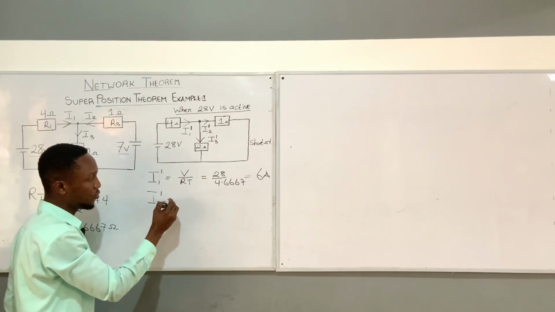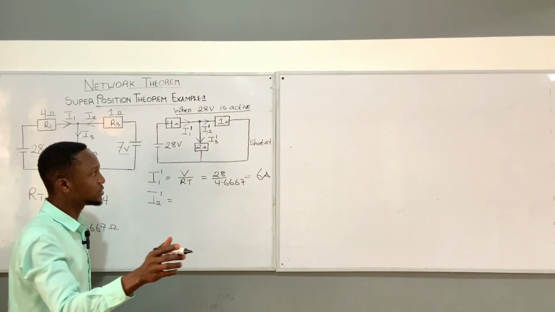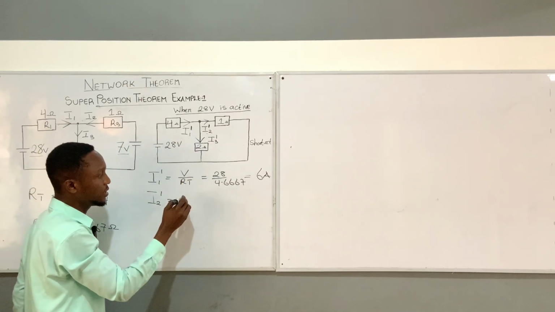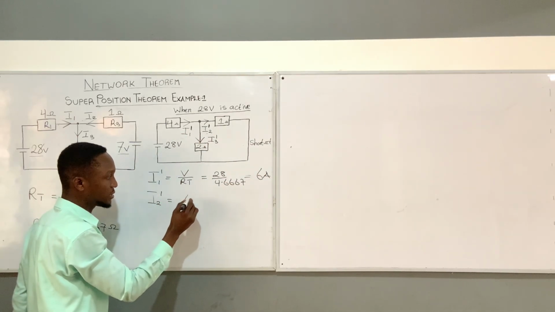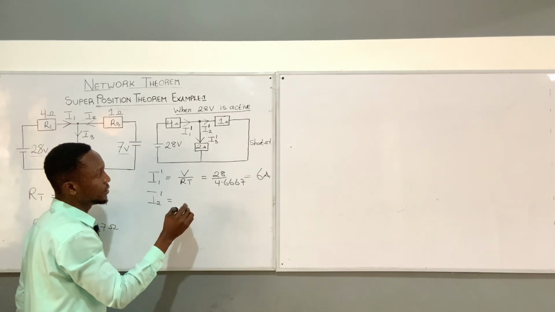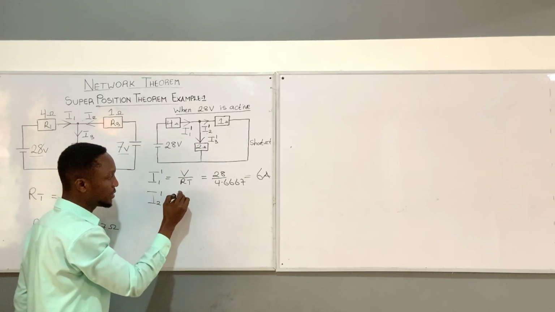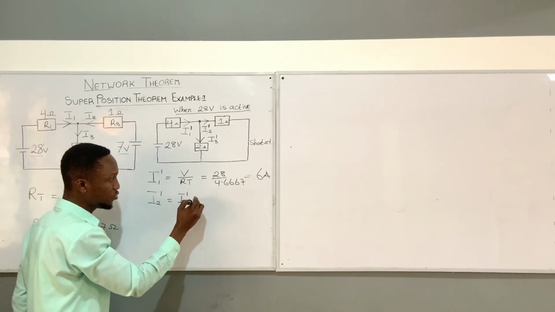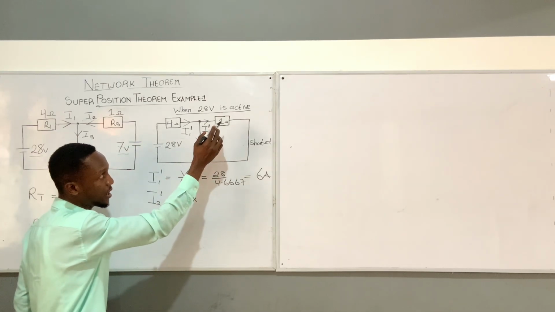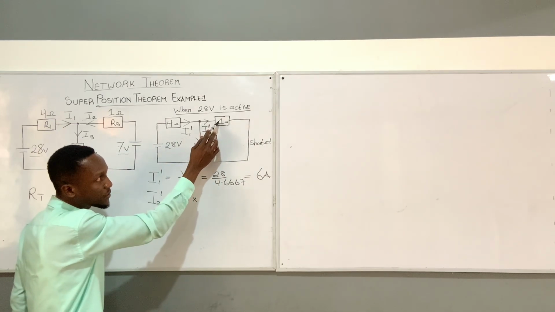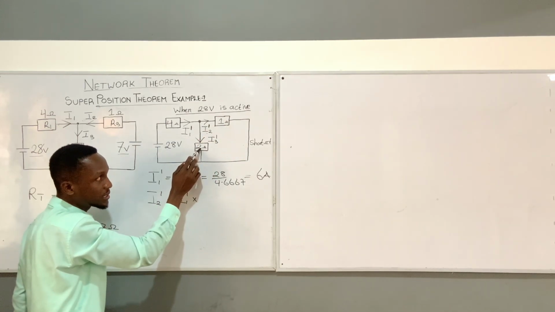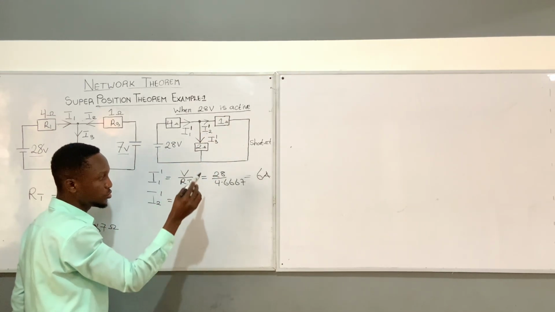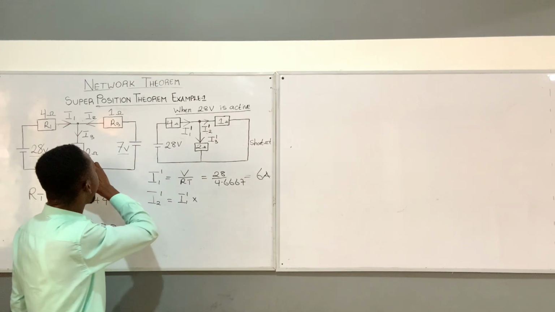So I can find I2 prime. The current divider rule says that take the supply current, which is I1 prime, the value is 6 amps, and use it to multiply the opposite one. Now, I2 prime is passing through this resistive value, 1 ohm. You don't need to take the 1 ohm, take its opposite value, which is R2.